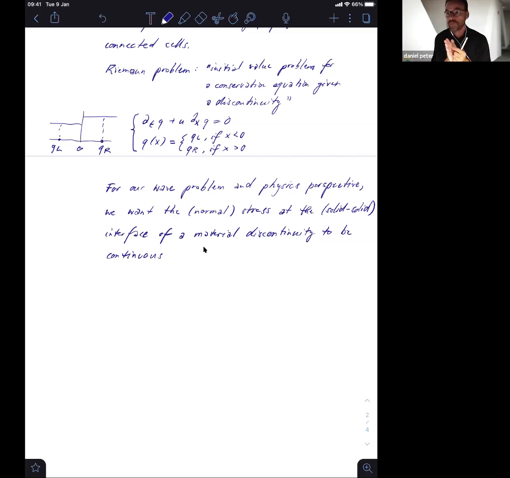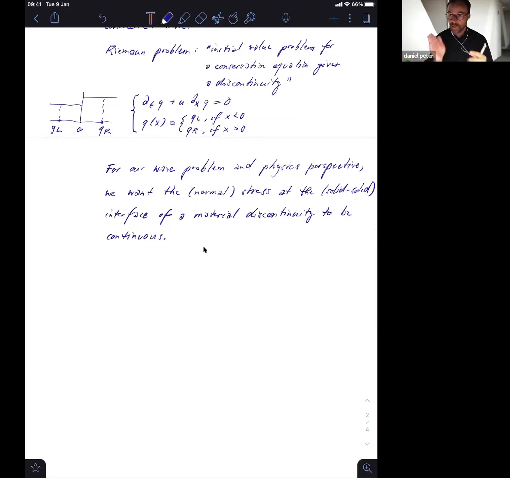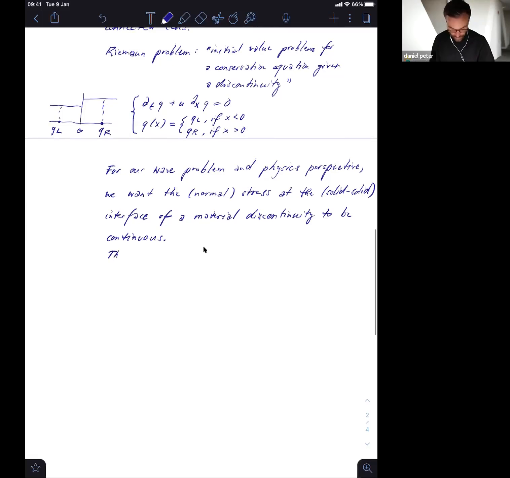And the same we would also impose for the displacement. The displacement on the interface also has to be continuous. You cannot have a jump in the displacement at the interface. But again, it's basically the normal component of the displacement and the stress that we want to be continuous across the interface. And so we can use that as our solution for the Riemann problem.